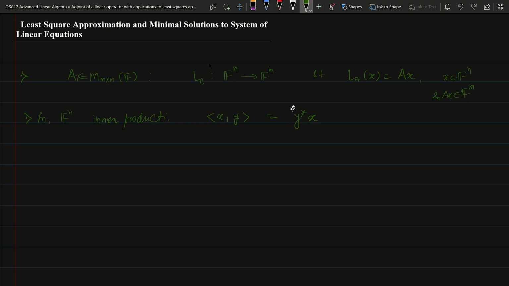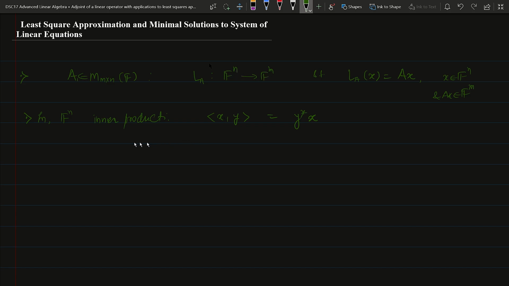Now this y star is the conjugate transpose of this column vector y. Here we are having n, since when we discuss a matrix A, then it has m and n, so we have different fields like F to the power n, F to the power m.